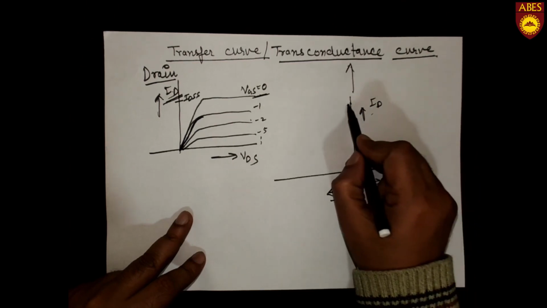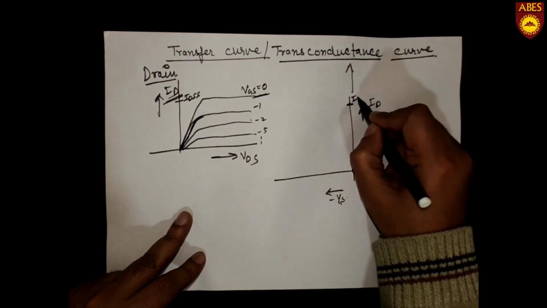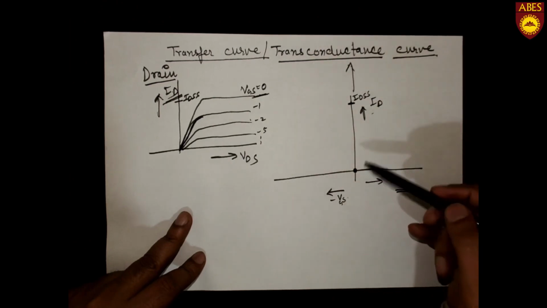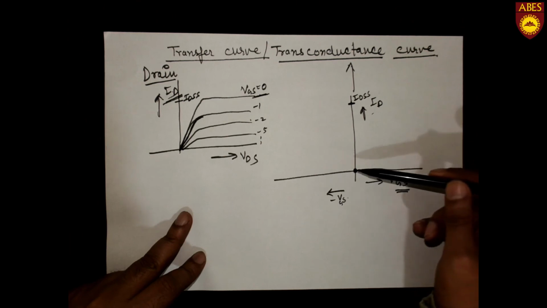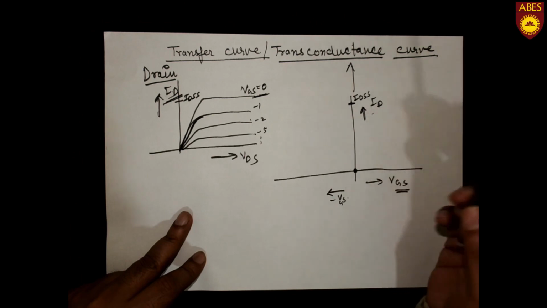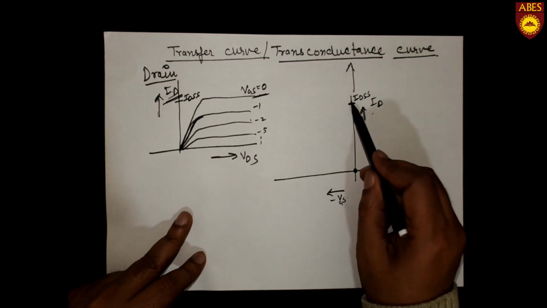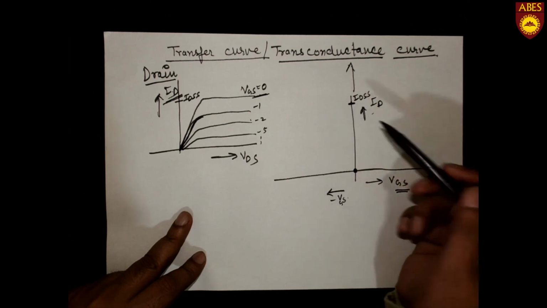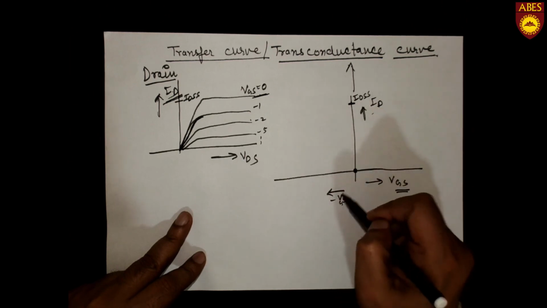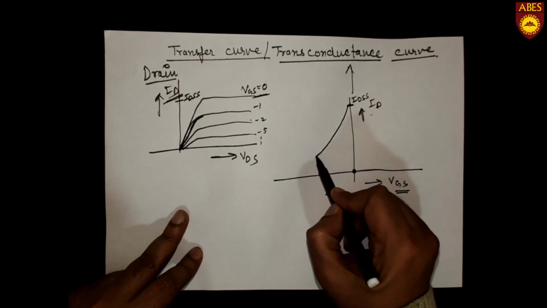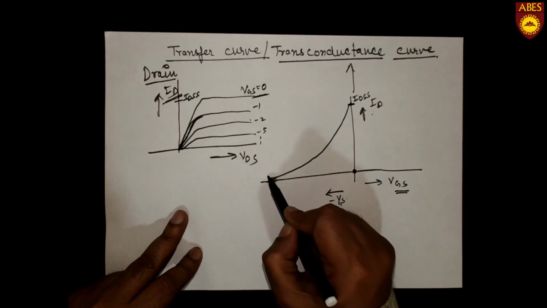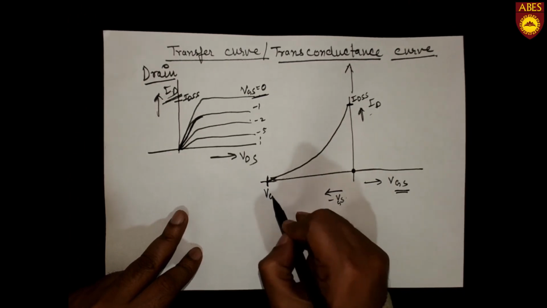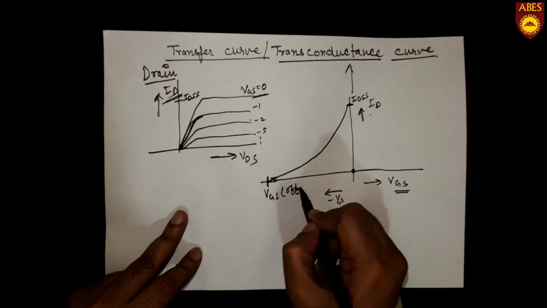So when VGS is 0, ID is IDSS, and if we increase VGS, that means we are increasing the width of the depletion region, which is blocking the channel, blocking the path of the flow of electrons, then the drain current starts decreasing, and if we keep on increasing this, then at a certain value of gate source voltage, the drain current becomes 0, and that is called VGS off.